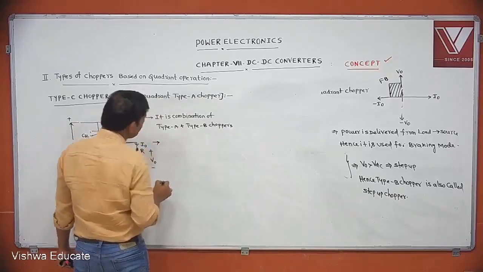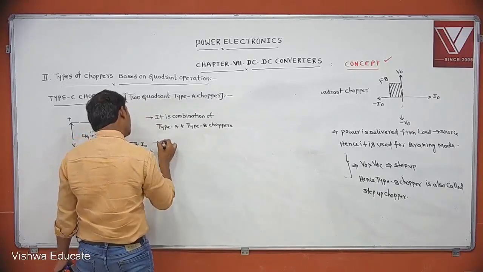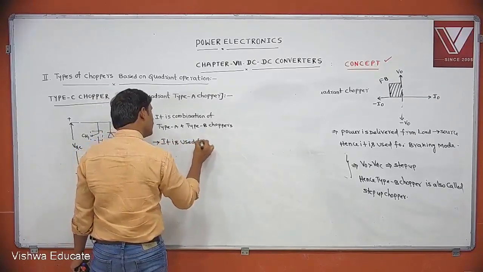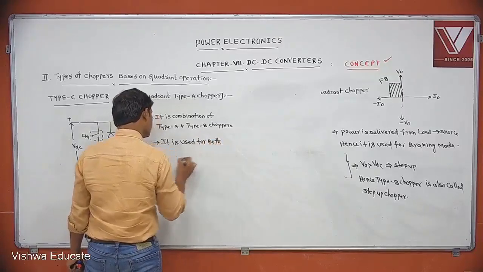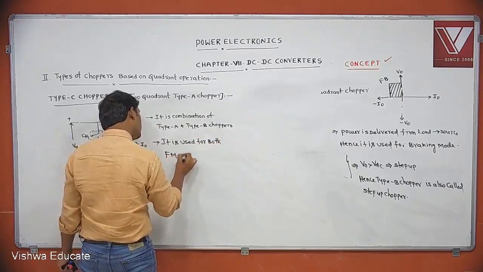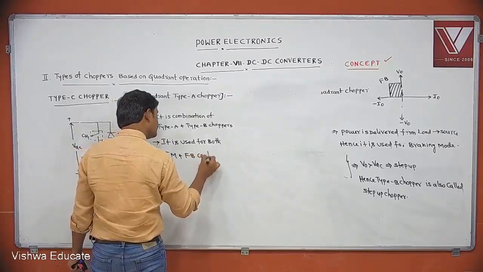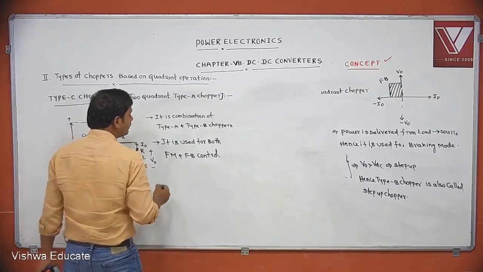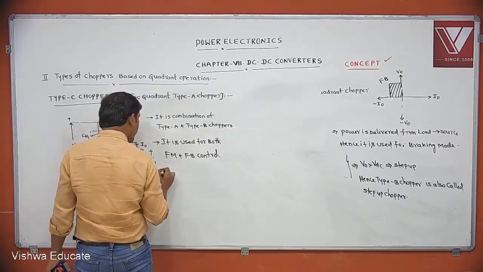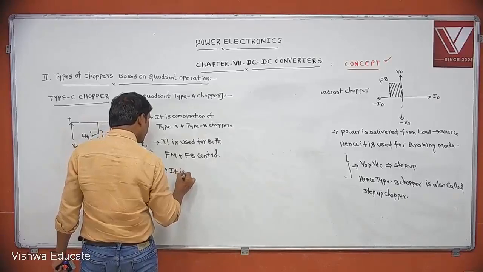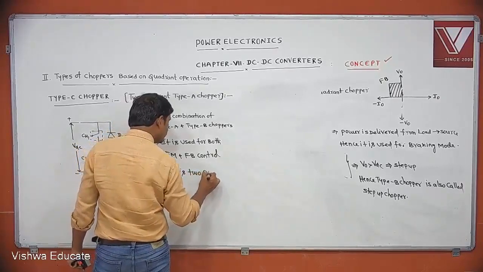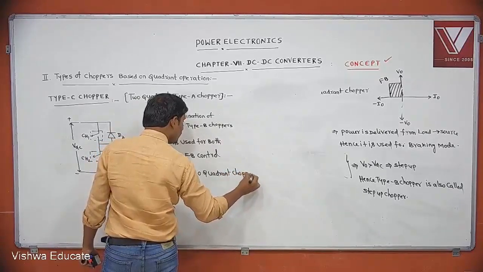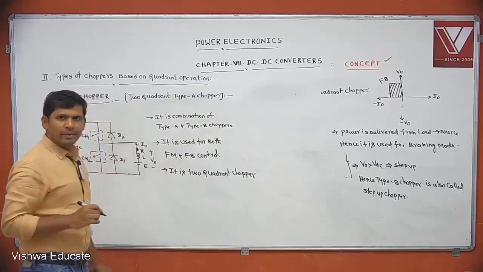This combination means it is used for both forward motoring and forward braking control. Then, type A and type B, therefore it is a two quadrant chopper. Type B chopper is two quadrant chopper, or it is also called two quadrant type A chopper.